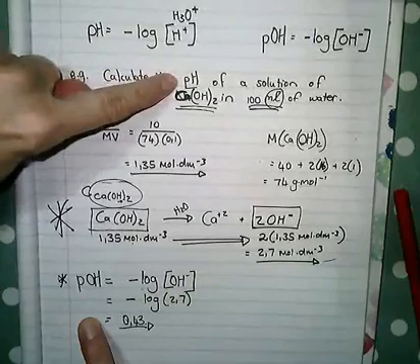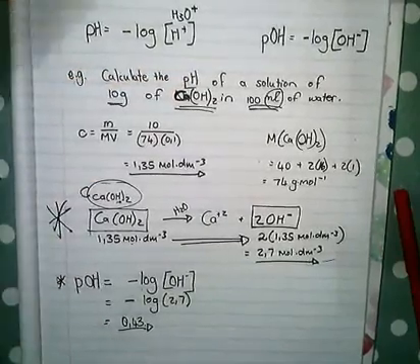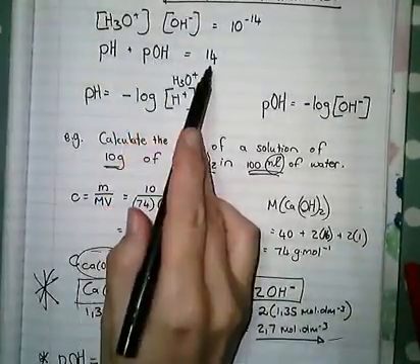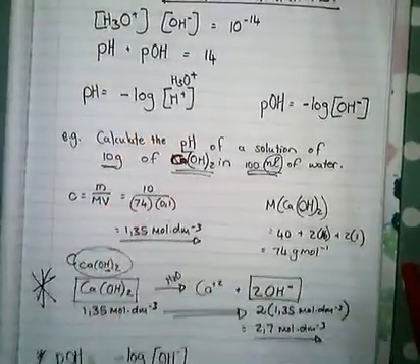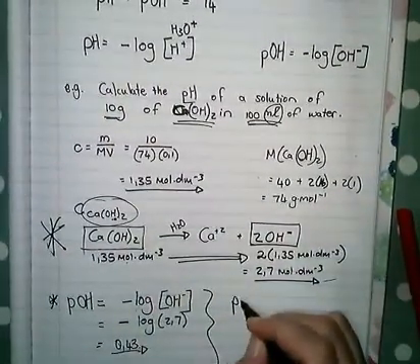So pH is 14 minus 0.43, and that gives us 13.57 as our pH.